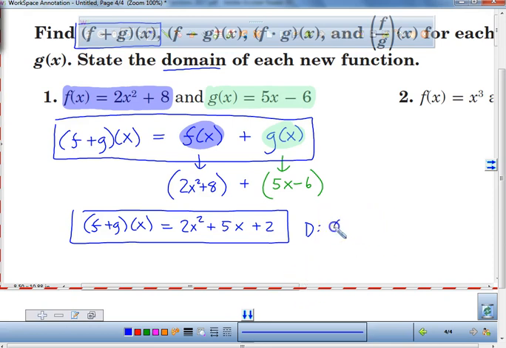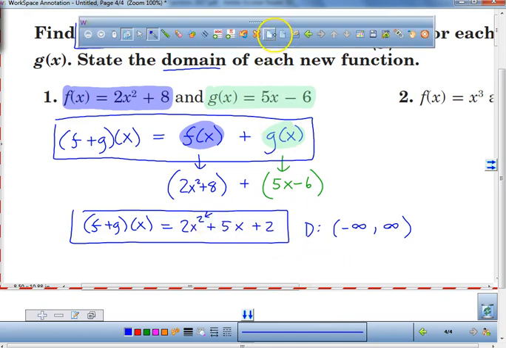Now, basically the domain, everybody, is you can plug in any number going from negative infinity all the way to positive infinity. So any number can be plugged in here, and it'll still be a function. Okay? This is just a quadratic function because of the x squared. All right, so there is f plus g of x.